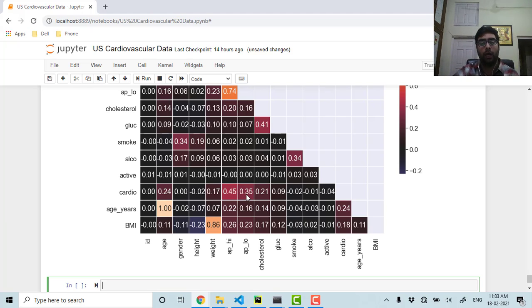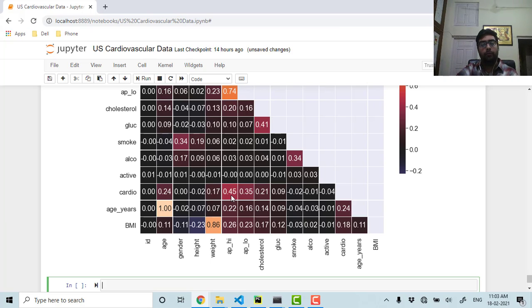So they are the major factors according to the Spearman correlation for cardiovascular diseases, and cholesterol also, similarly glucose. What I have seen is the active feature, so the physical activity. So the more physical activity you do, the fewer the chances of cardiovascular diseases. So this is a good point which was noted down by using the Spearman correlation.